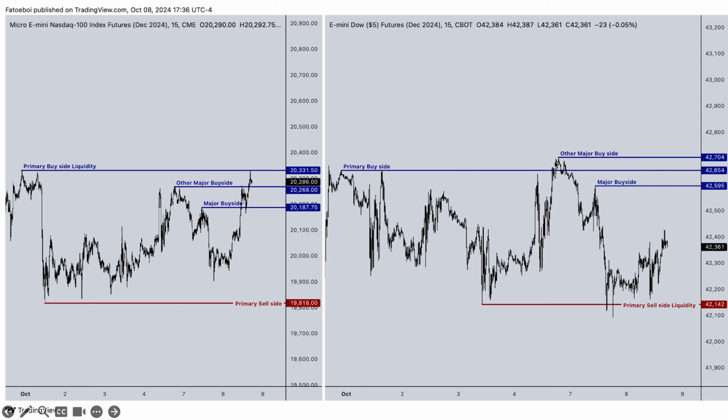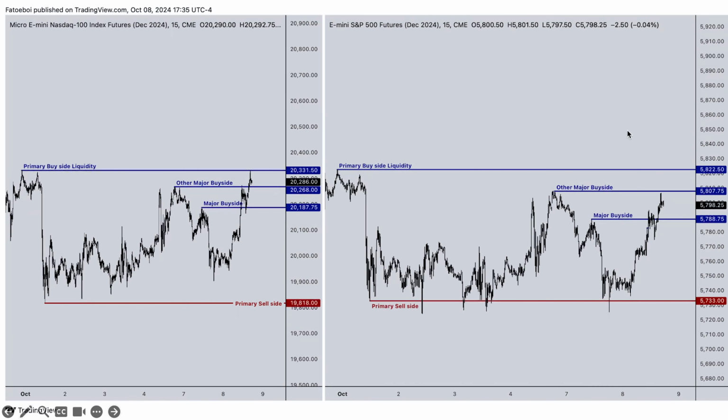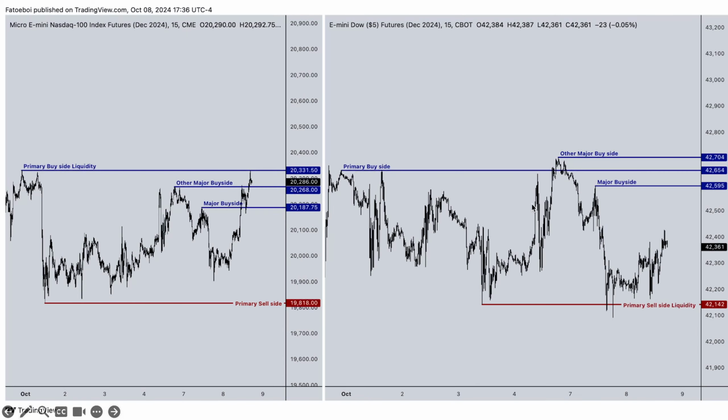The Dow usually is advanced compared to the other threes, and then the ES is usually slower on one side. So the ES is slower this time on the buy side than it is on the sell side. And after we tag this, we can see we go down to primary sell side.